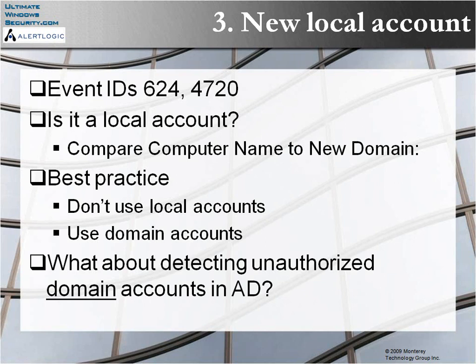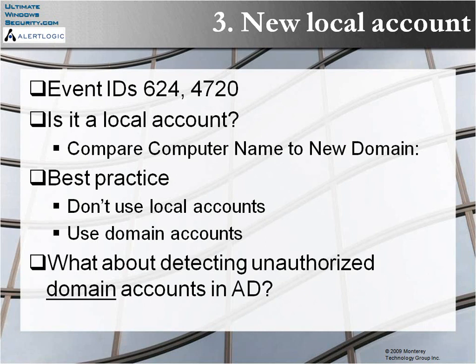Now, if you have a log management solution and you're analyzing events from member servers, maybe workstations, and domain controllers, then that 624 is also going to be logged whenever a new account is created in Active Directory, which, strictly speaking, is not what we're looking at here. We're looking for somebody who's created a backdoor account on a compromised Windows server.